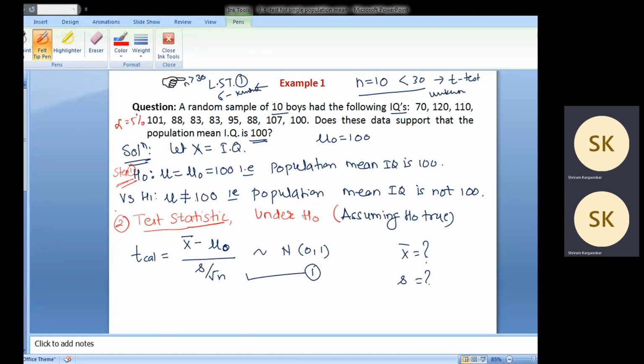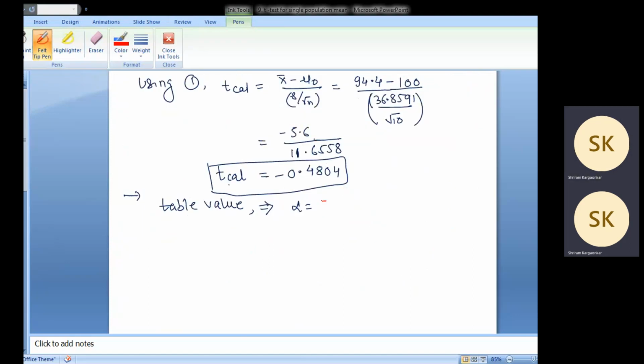Whenever it is not given, you take it as 5% by default. And then one more thing you need, degrees of freedom. Now this is a new term to you. We call it DF in short.